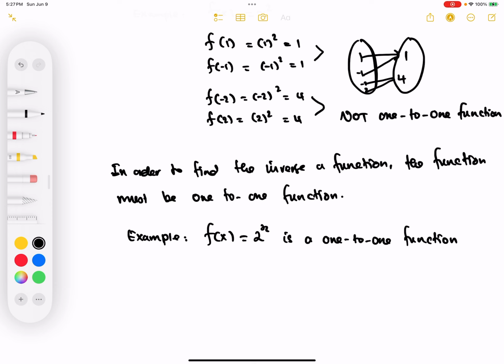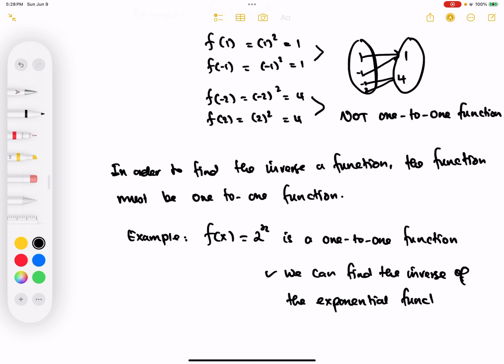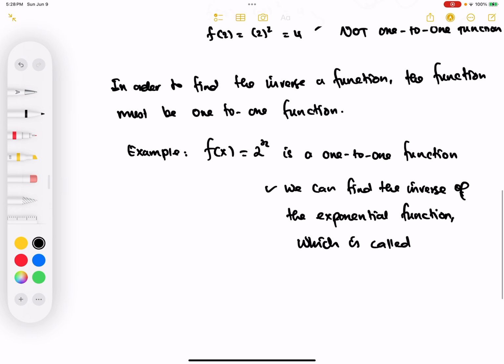Since it is a one-to-one function, then we can find the inverse of the exponential function, which is called logarithmic function.